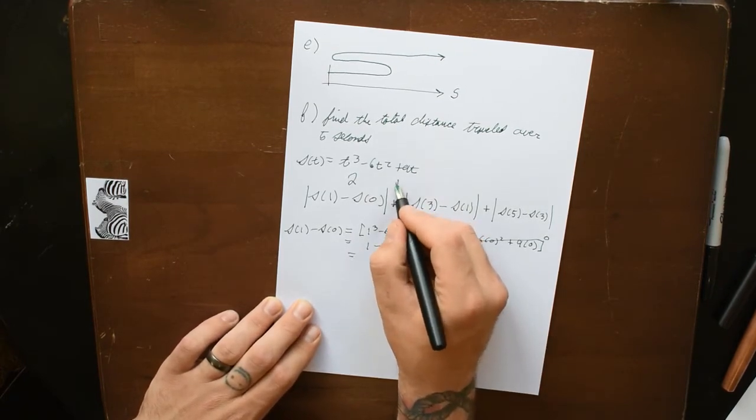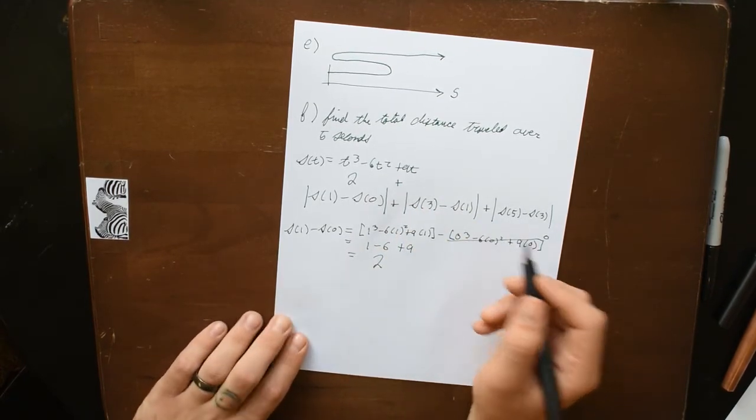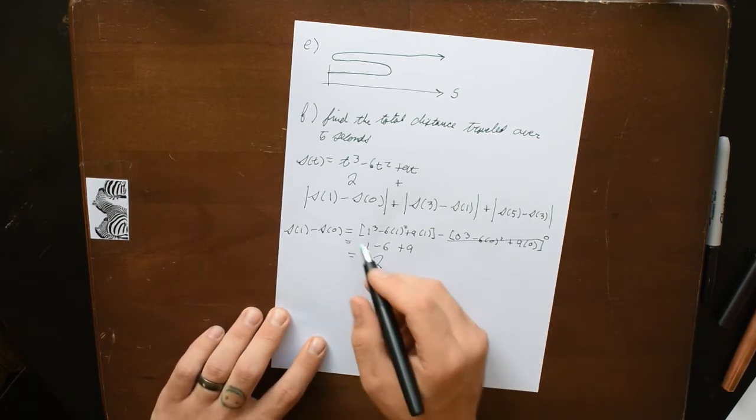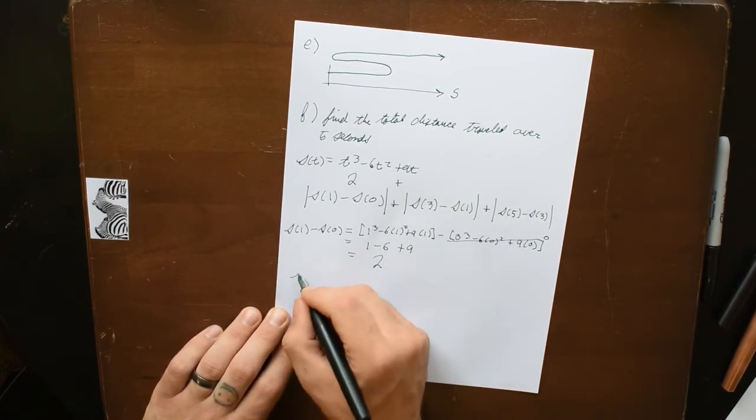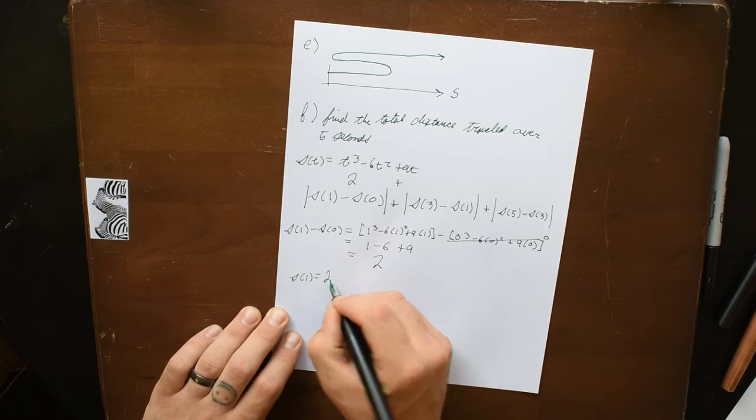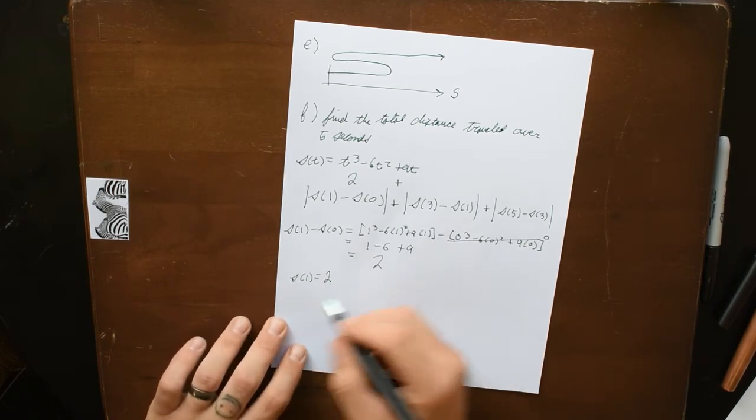Then we want to add s of 3 minus s of 1. Well, we know what s of 1 is. It's right here. S of 1 is equal to 2. So all I need to do is calculate s of 3.